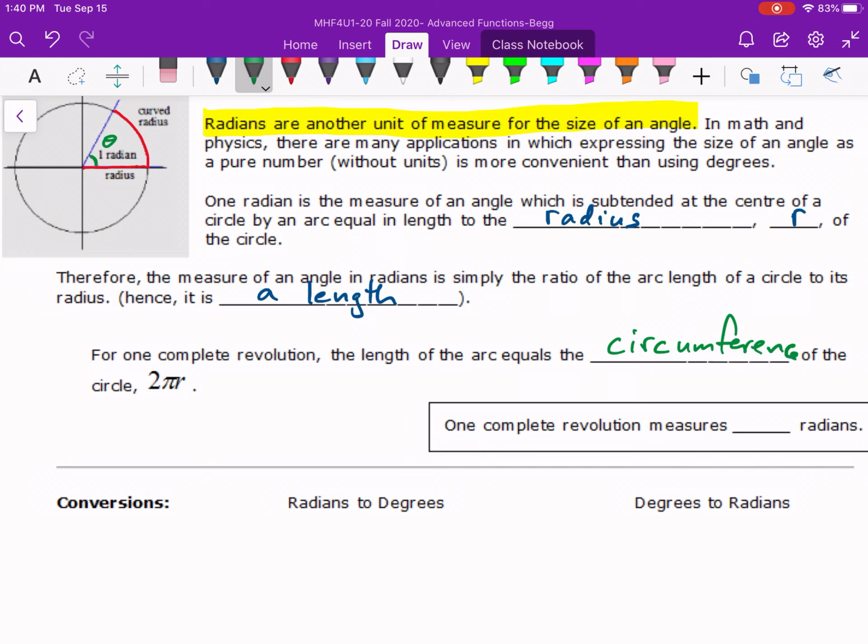And the circumference of the circle is going to be 2 pi. Radians are represented as a fraction or part of a circle, and 1 complete revolution measures 2 pi radians.